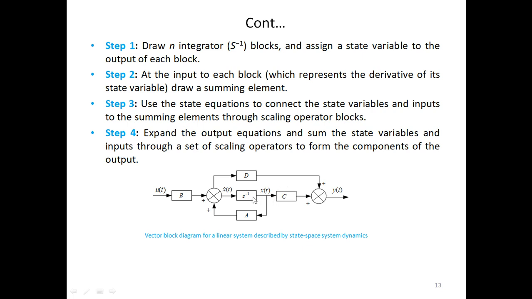One thing that should be clear is that for this integration block, if the output is x(t), then the input would be x dot(t). This is the basic thing that has to be kept in mind always. So if you have considered a third order system, then 3 states would be there: x1(t), x1 dot(t), x2(t), x2 dot(t), x3(t), x3 dot(t), connected in the given fashion according to the problem.